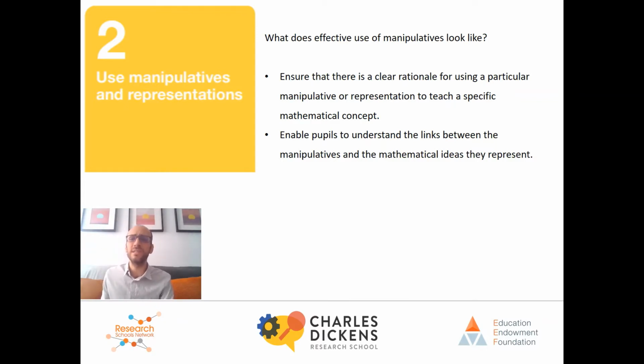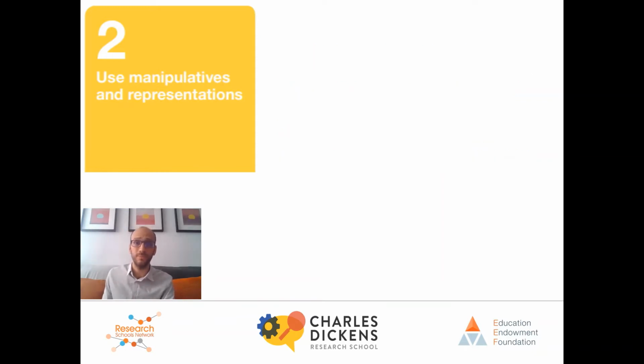This requires teachers to encourage pupils to link the materials and the actions performed on or with them to the mathematics of the situation, to appreciate the limitations of concrete materials, and to develop related mathematical images, representations, and symbols. Let me show you an example.